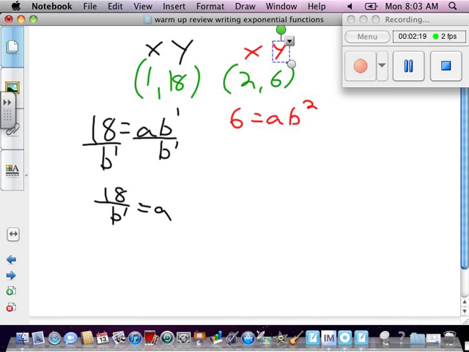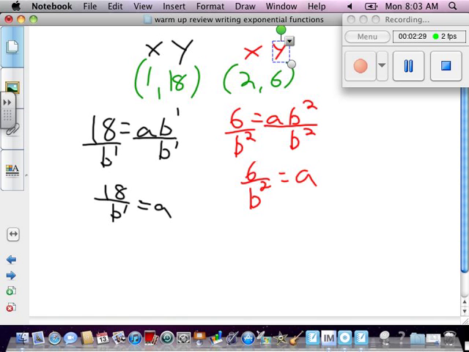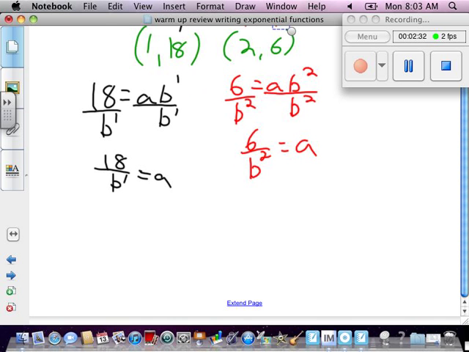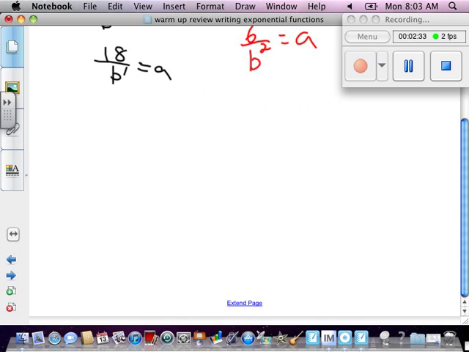And then I'm going to divide by b squared, and I get 6 over b squared equals a. Then set them equal to each other. Substitute: 18 over b to the first equals 6 over b squared.